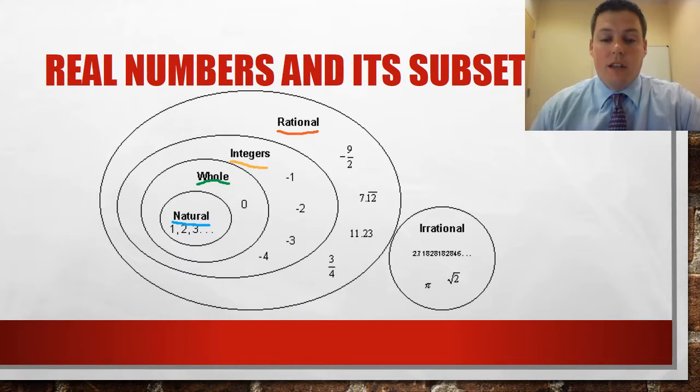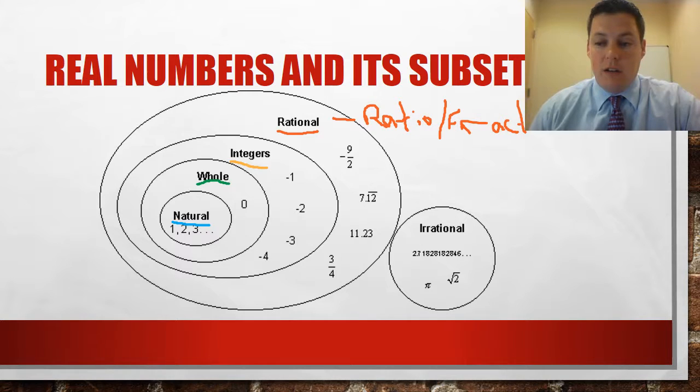Rational numbers, the key word is ratio. So it's anything that can be written as a ratio, which also means fraction. Okay, and a rational number is also anything that has a terminating decimal, which means the decimal stops, or anything that ends in a repeating decimal.